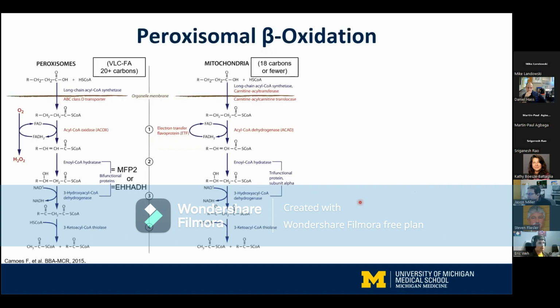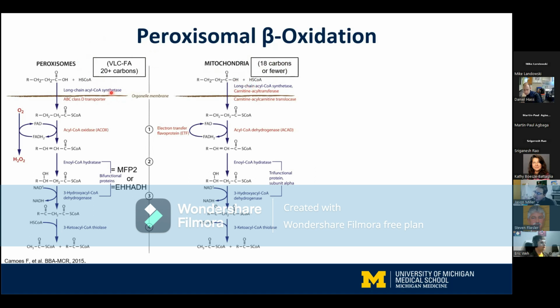So just as a brief reminder, peroxisomal beta oxidation very much parallels the concept and idea of mitochondrial beta oxidation, which I have on the right side here. But there are some key differences. Of course, in the peroxisomes, the idea is that the longer chain fatty acids get in. In the mitochondria, the canonical teaching is that it's 18 carbons and fewer that get in, and in order to get into the mitochondria, you have to conjugate carnitine to the fatty acid.